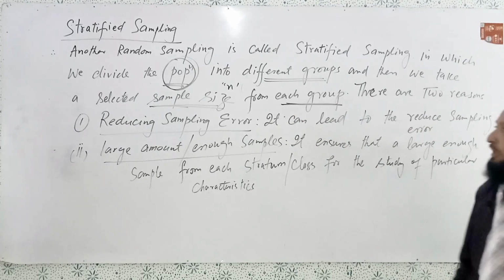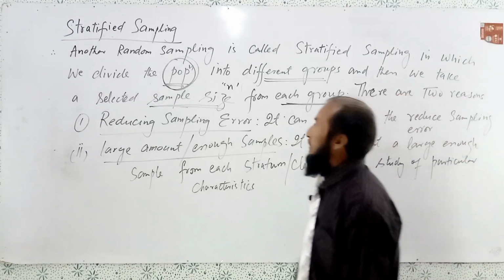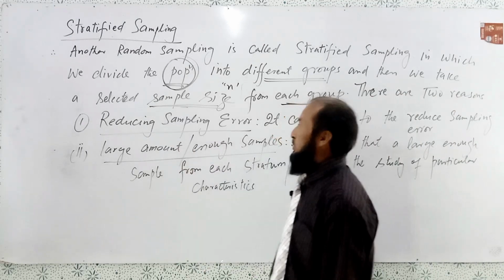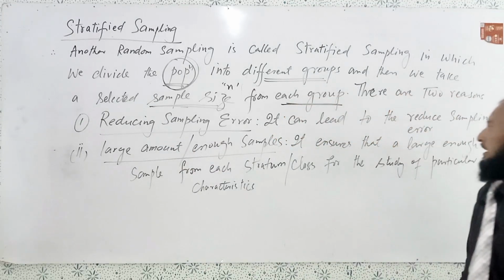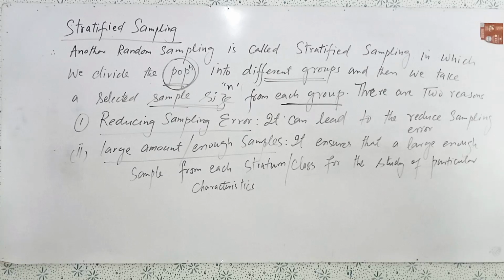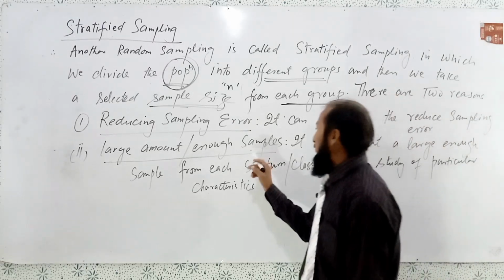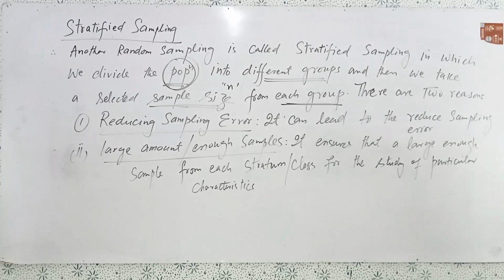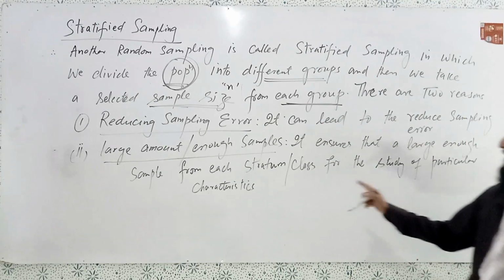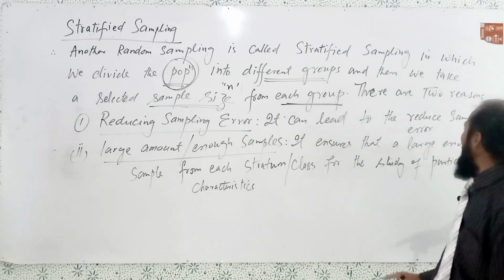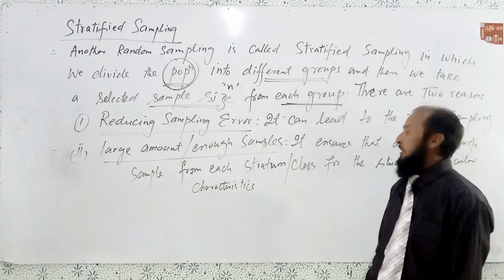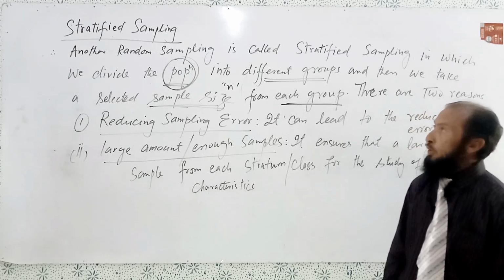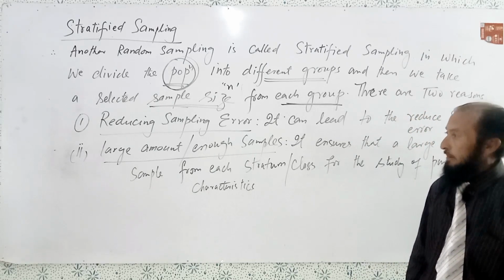The first reason is reducing sampling error, as this method leads us to reduce sampling error. The second is a large amount of samples. It ensures a large enough sample from each stratum or class for the study of the particular characteristic. We use stratified sampling for this.